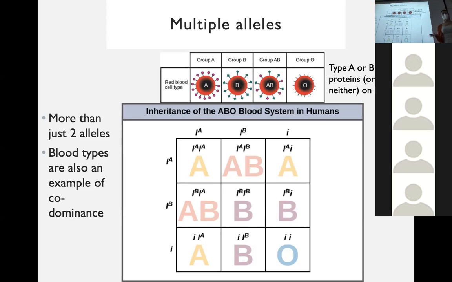I don't know how much you guys know about blood type, but you either have A blood type, B blood type, AB, or O, right? And then you have the positives and negatives, which is something totally separate. How many people know their blood type? Not many. Okay. It's a good idea to know your blood type. If you donate blood ever, they'll tell you your blood type. I have type A blood.